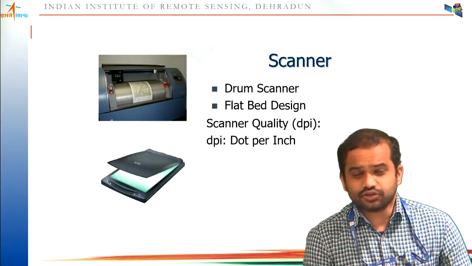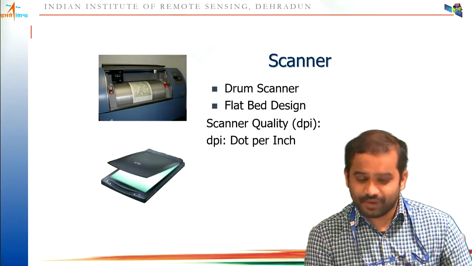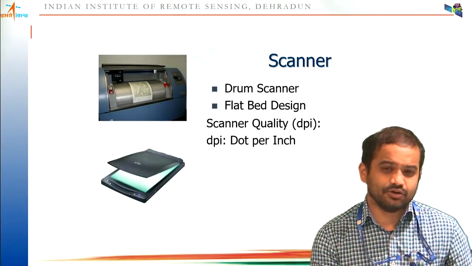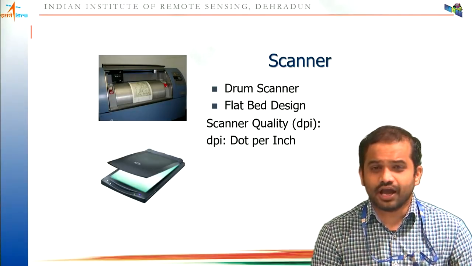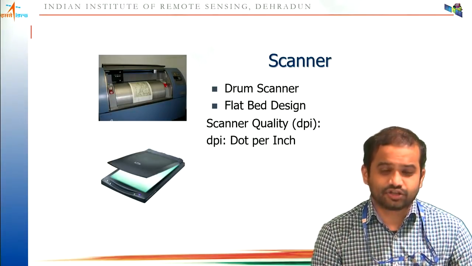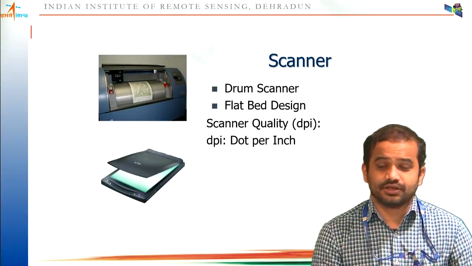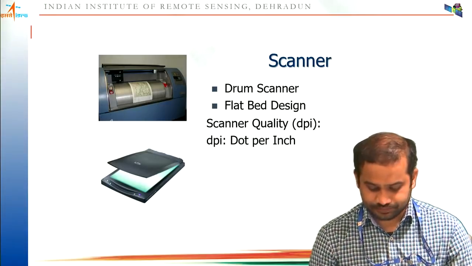In the same way, while scanning you can decide the optimal dots per inch. Of course, as per manufacturing, the maximum value is fixed, but the minimum is not. So you can change it to any value, and by doing that you save a lot of time and a lot of space. If you have a lower DPI, you will have less memory usage.